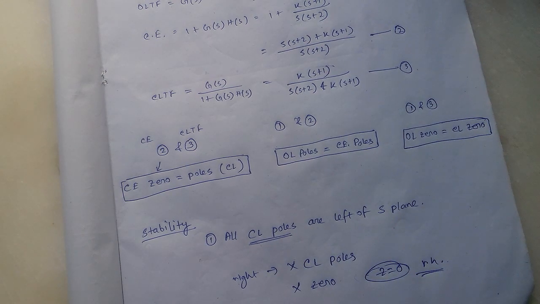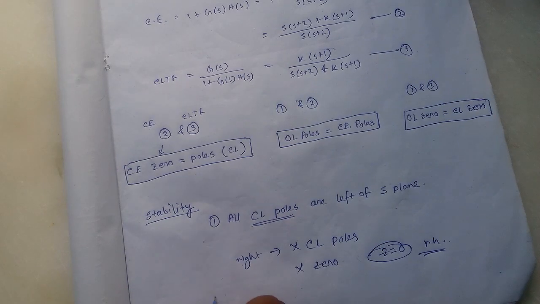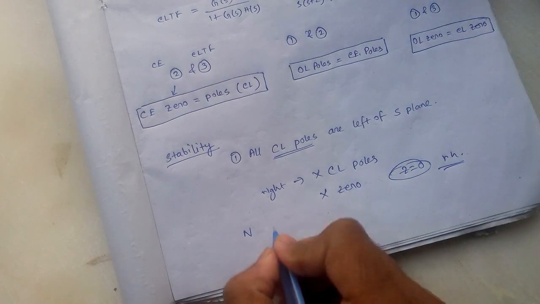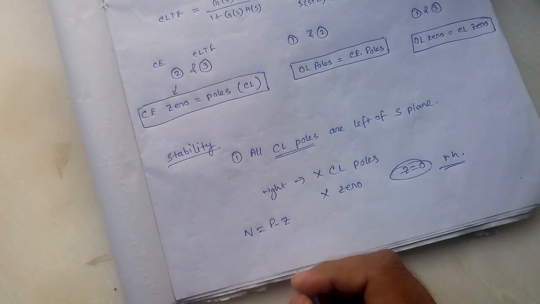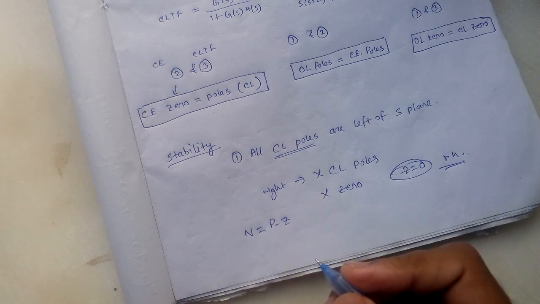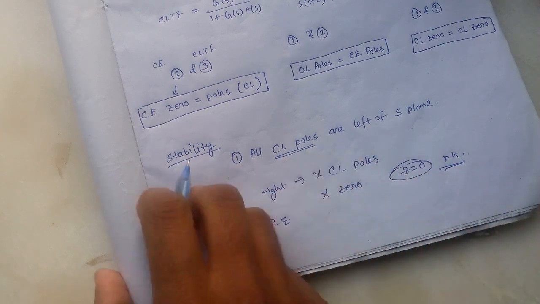So for that, one equation is there, N equals P minus Z, where N is the number of encirclement of the point minus 1 j0.